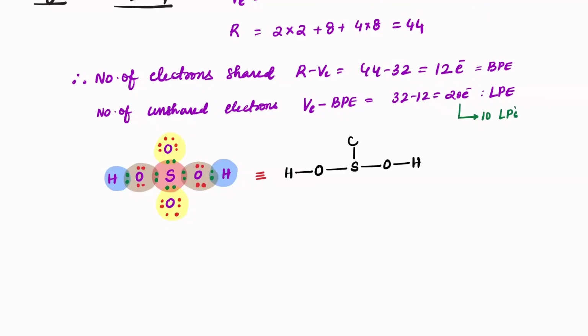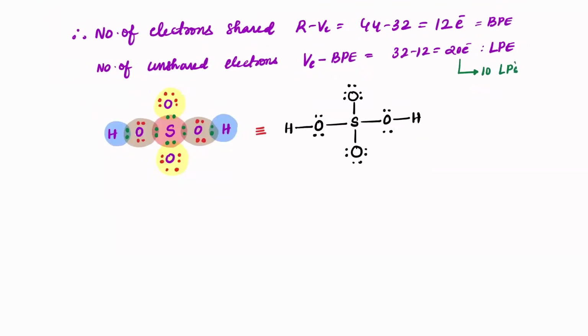Here also we have a single bond. Here also we have a single bond like this. Okay. Rest of them are only lone pairs. Rest of them are lone pairs like this. Correct. These are all the lone pairs present. This is the structure which we have. Clear everybody?